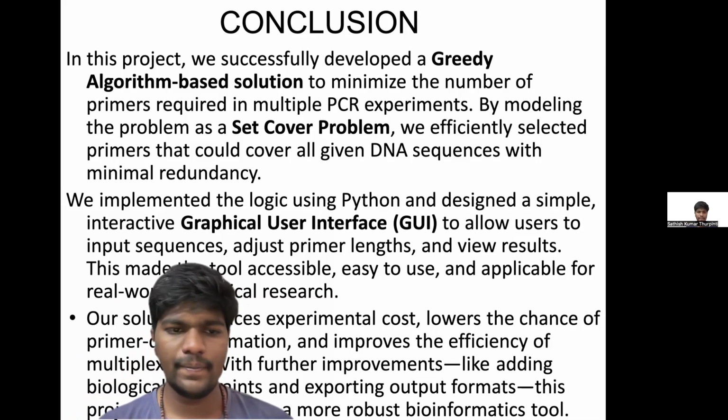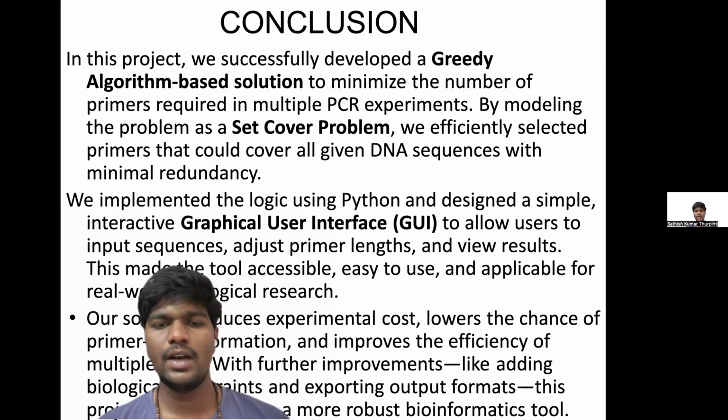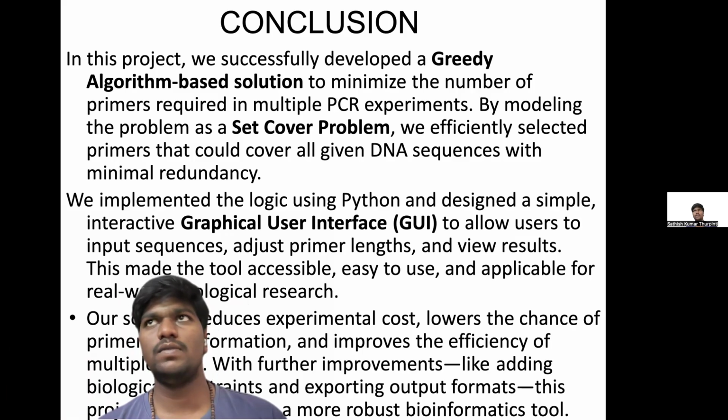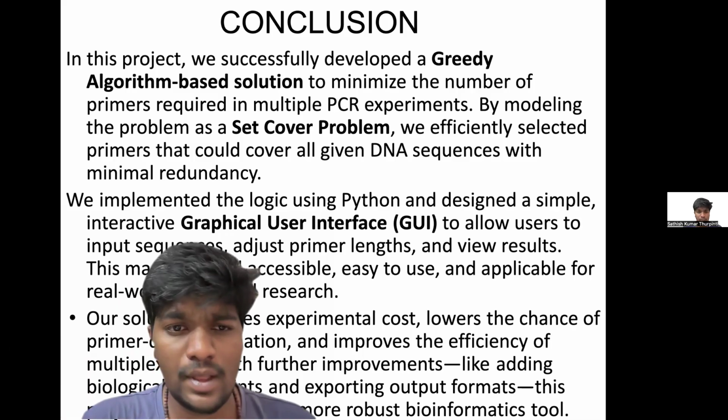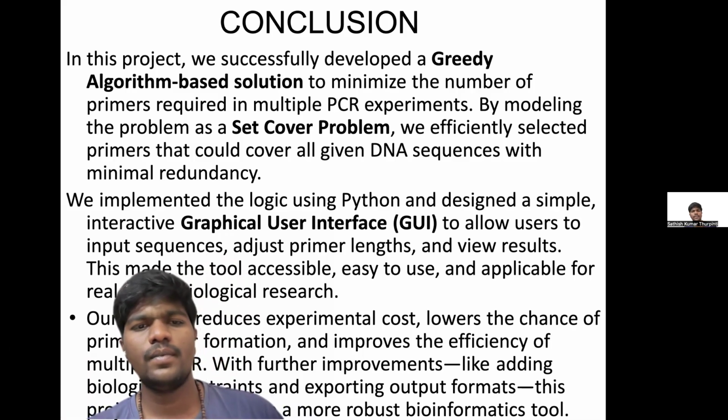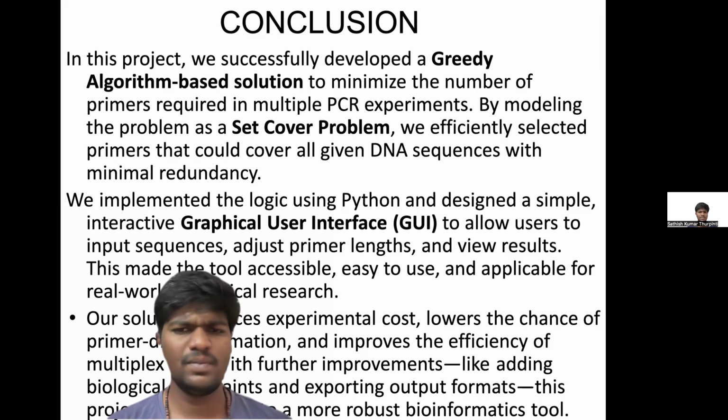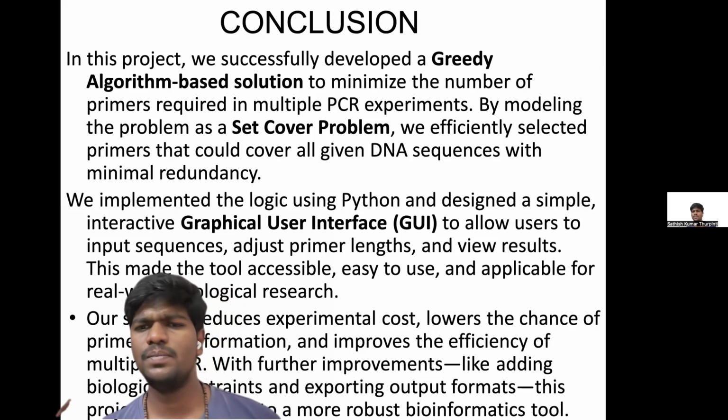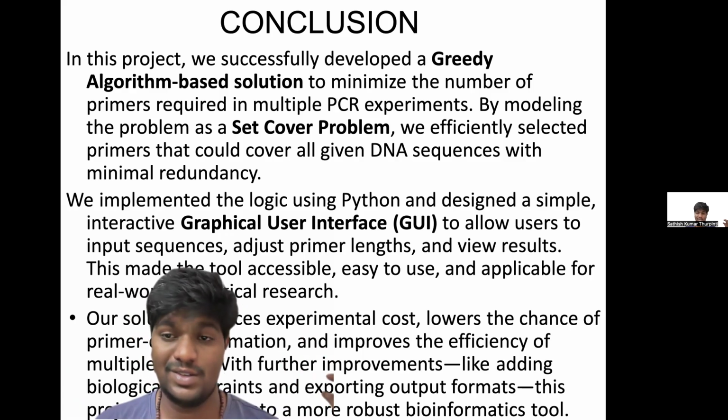The demo part is with me, so let me show you that at the end. With future improvements, this could grow into a powerful bioinformatics tool that helps researchers save time, cost, and effort.